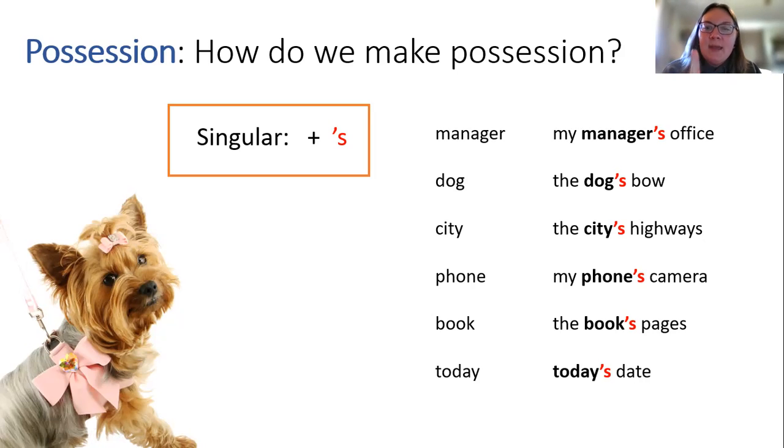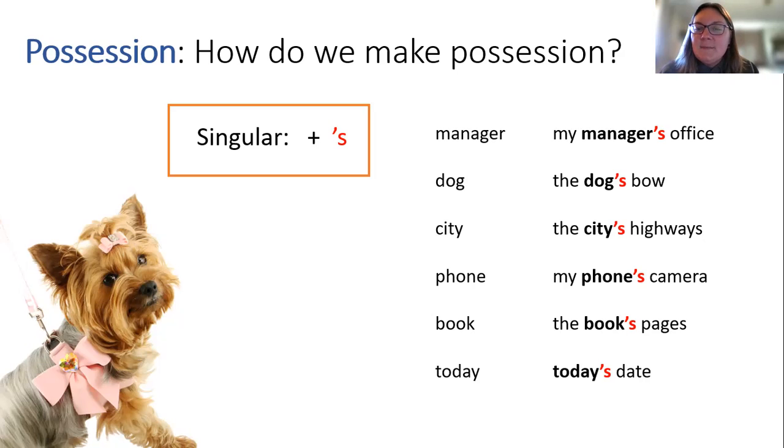You have a manager, a single manager, and your manager has an office. You can say my manager's office. Manager would get an apostrophe S. What if your dog over here on the bottom of the screen has a bow? You could say the dog's bow. The dog owns or possesses that bow.